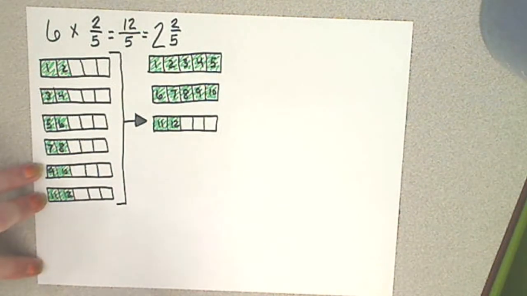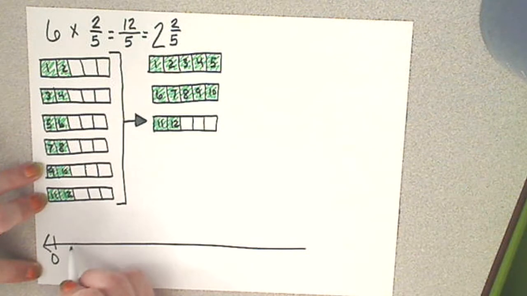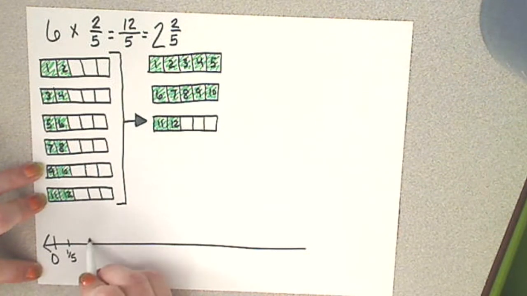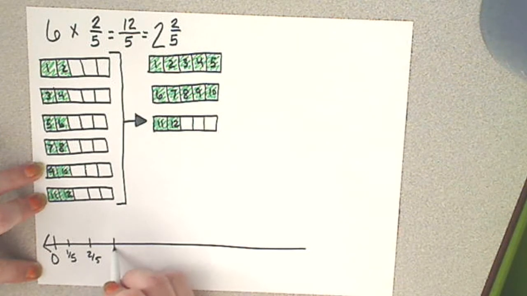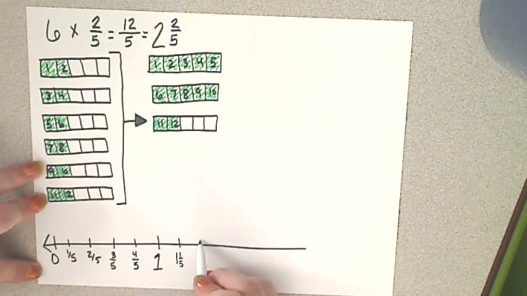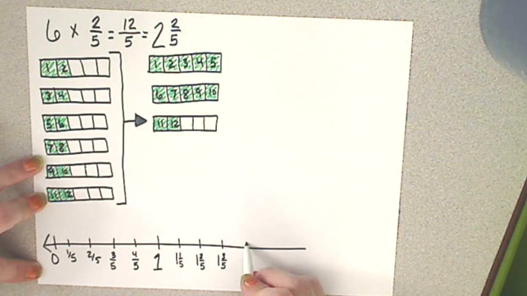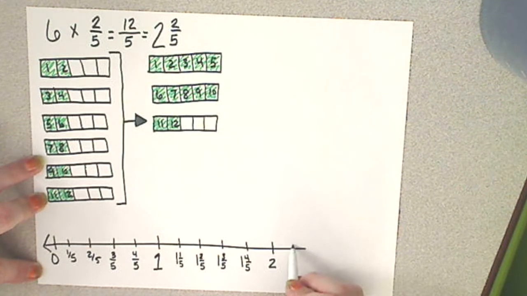Now let's take a look at our number line. Starting with 0, I have 1/5, 2/5, 3/5, 4/5, and 1, then 1 and 1/5, 1 and 2/5, 1 and 3/5, 1 and 4/5, and 2, 2 and 1/5.